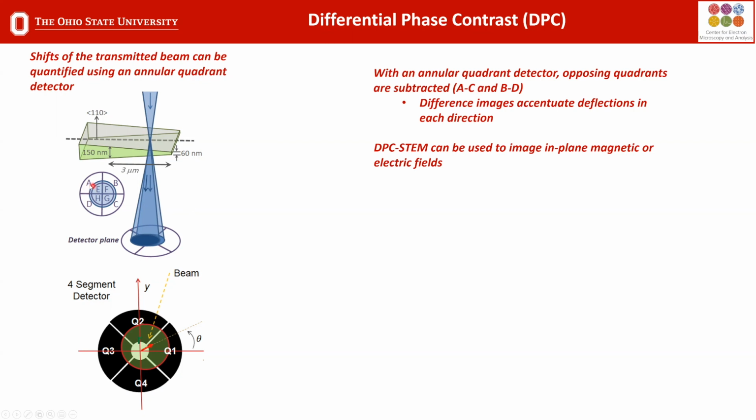So if we were to take the A and the C quadrant and subtract one from another, and the B and the D quadrant and subtract one from another, what that allows us to do is accentuate these momentum transfers, or these coherent elastically scattered electrons that have shifted inside the disk. Now, that gives us the ability to characterize both in-plane magnetic distortions and in-plane electric fields, okay?